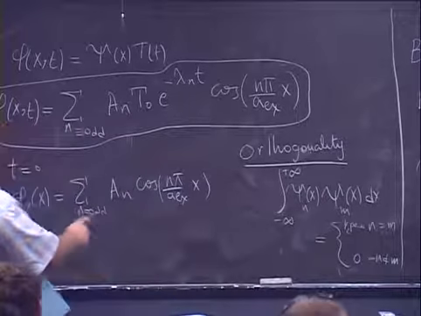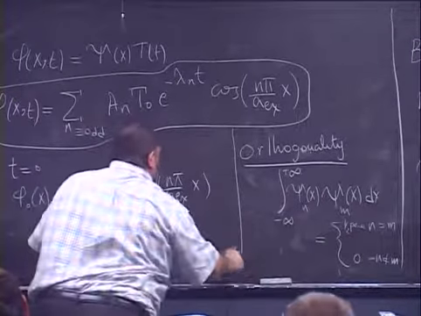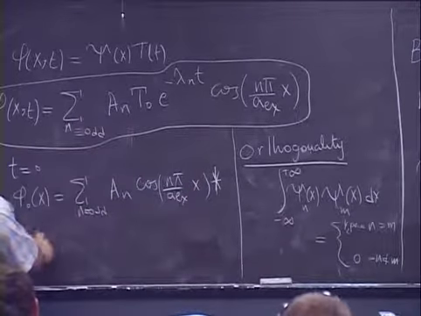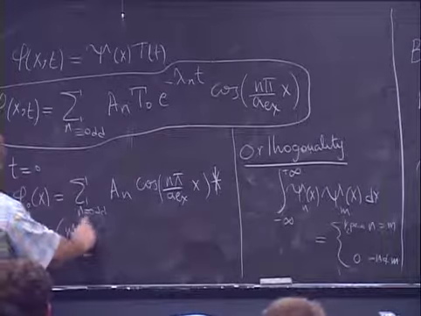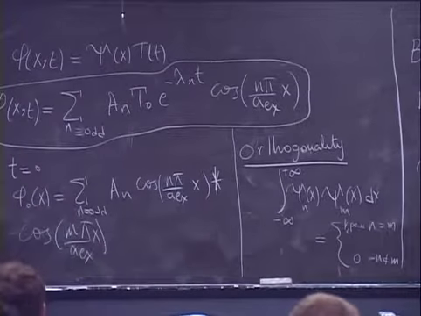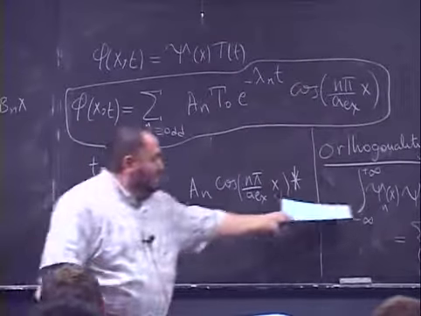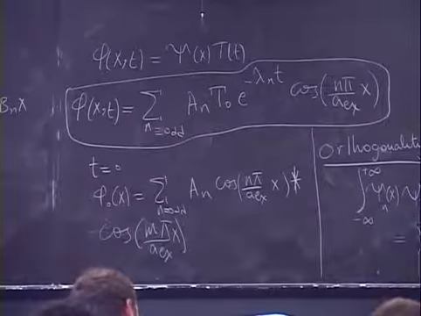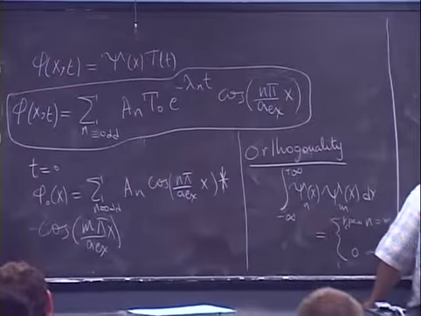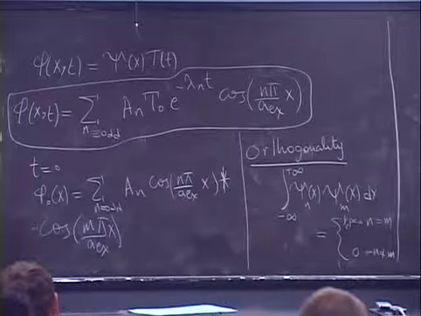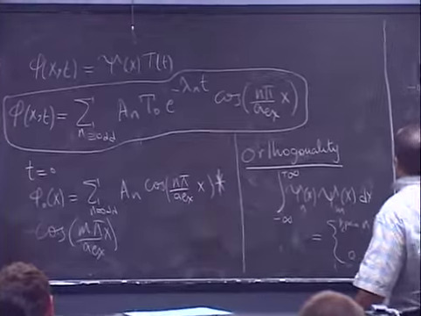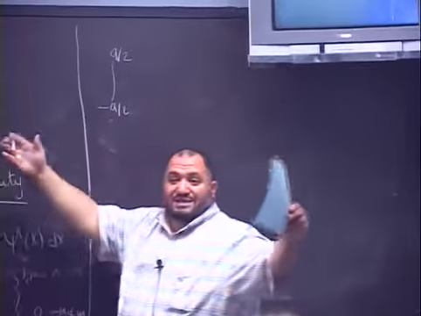So to do this, we'll multiply this equation by cosine of m pi x over a on both sides, and then integrate like here. When you do this and integrate, you can go and try it yourself, we will integrate from minus a over 2 to a over 2, because our slab is what?